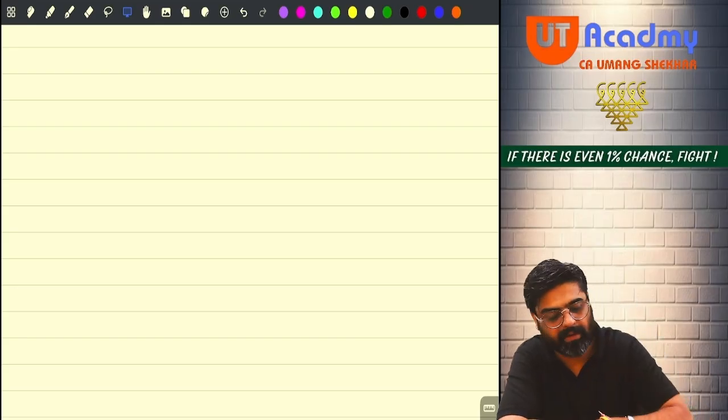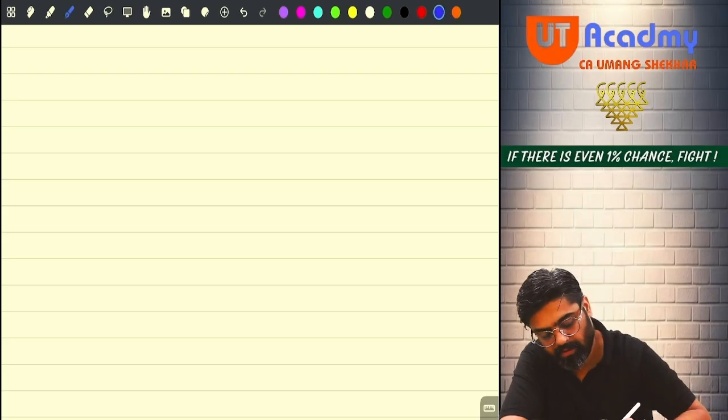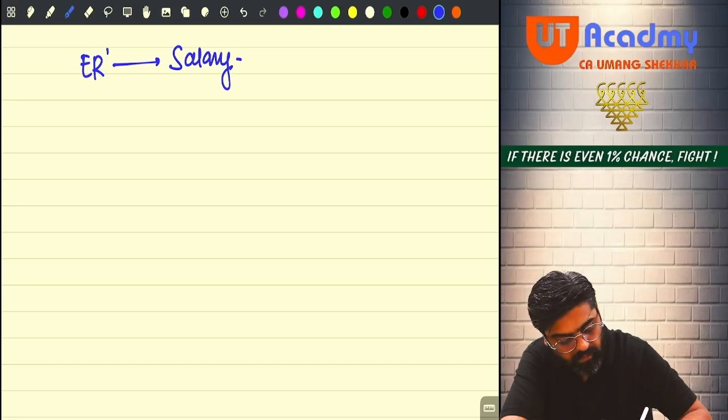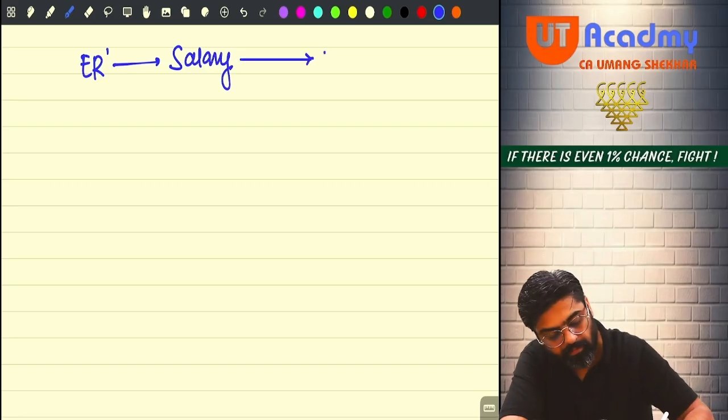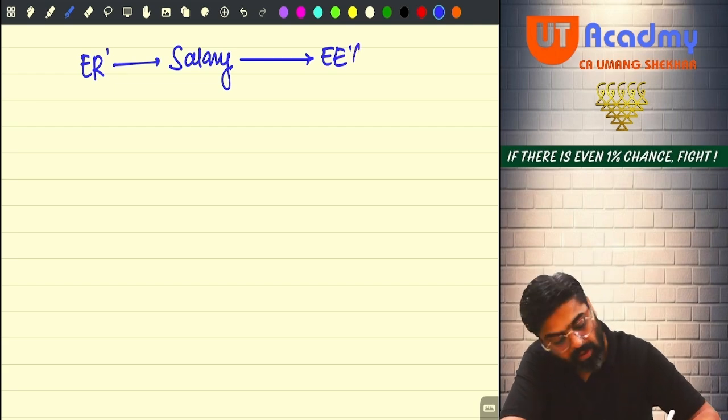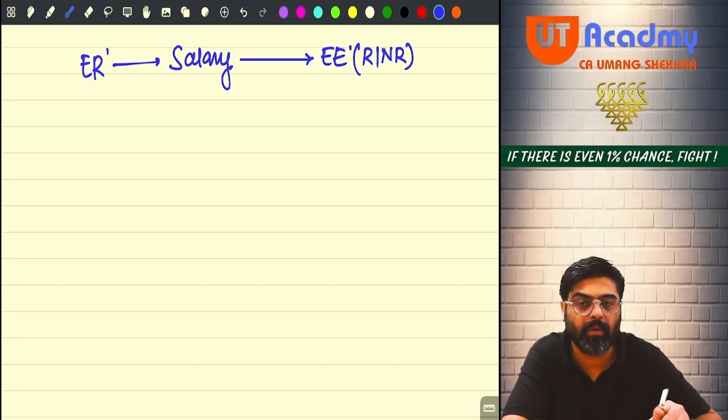Pay attention. See, if there is an employer, if the employer makes the payment of salary, the employer gives the salary to employees. Now, the employee can be a resident, the employee can be a non-resident, no problem in that.